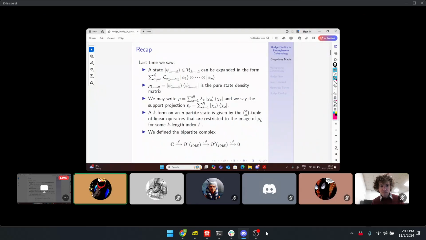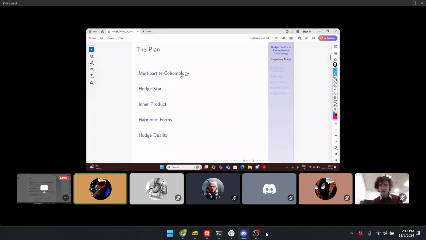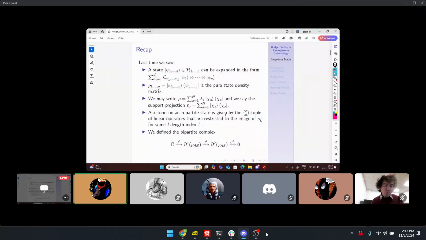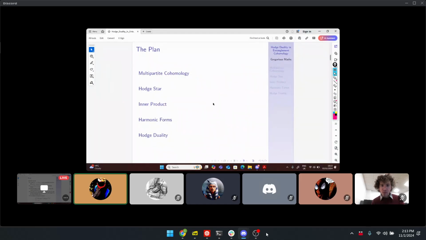So in today's talk, what we want to do is first, we've defined bipartite cohomology, but now we want to generalize it to multipartite cohomology.